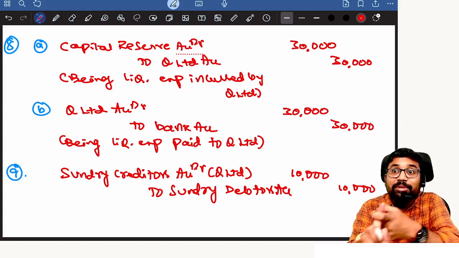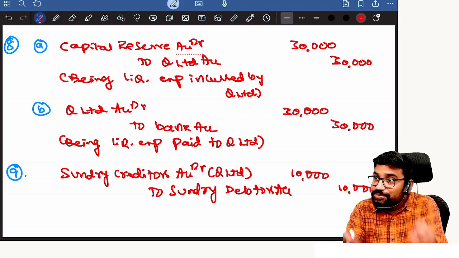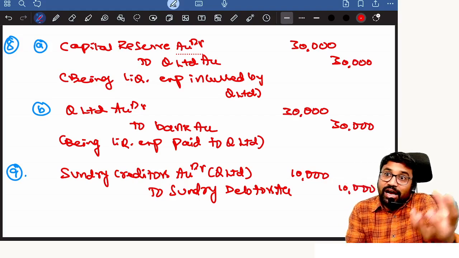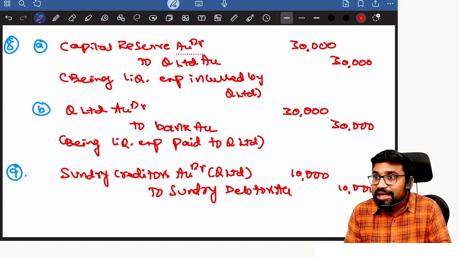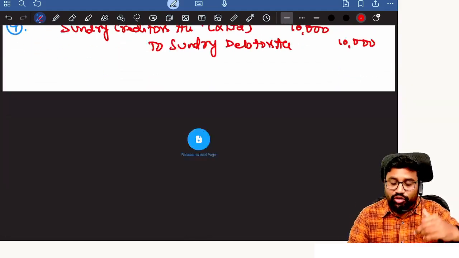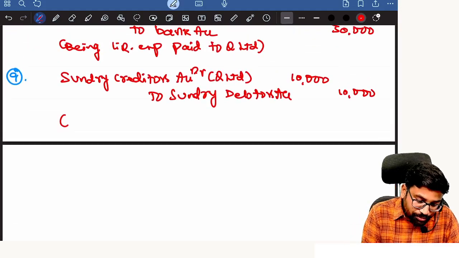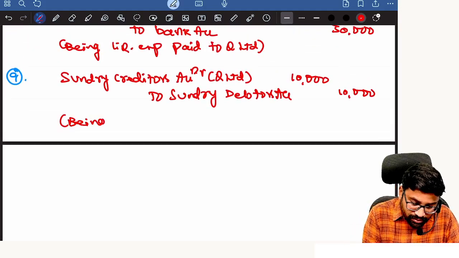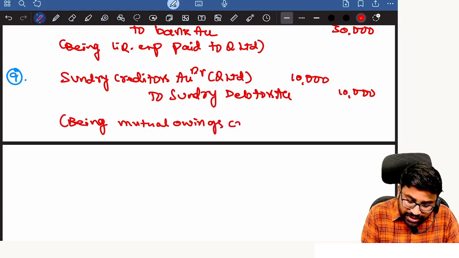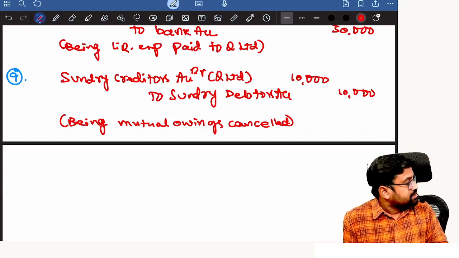Because now they are becoming one entity. Q is merging with P. Therefore, receiver and payer should not be the same person. That's why mutual owing should be eliminated. So important, being mutual owings eliminated or cancelled. Mutual owings cancelled. So that's it, mutual owings cancelled.